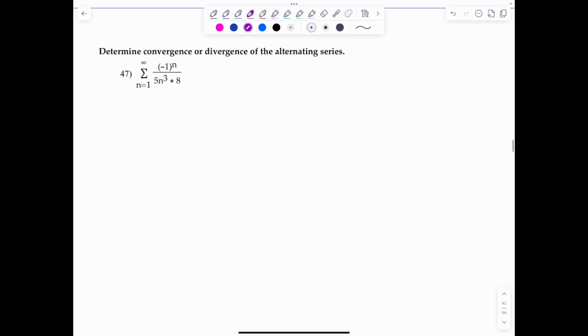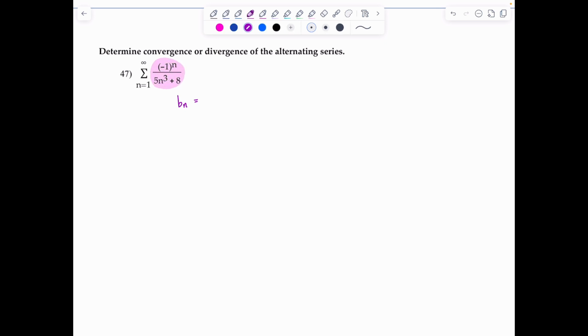So determine the convergence or divergence of the alternating series. Here we have the sum, n equals 1 to infinity of -1 to the n over 5n cubed plus 8. All right, so let's see. For alternating series, usually most people call b sub n whatever this original term was without the alternating part.